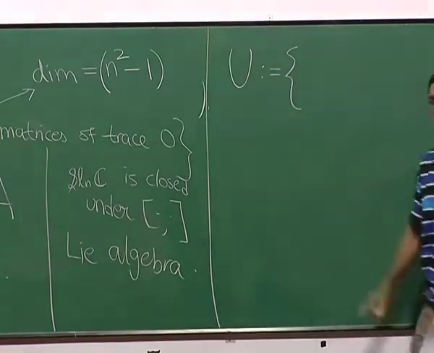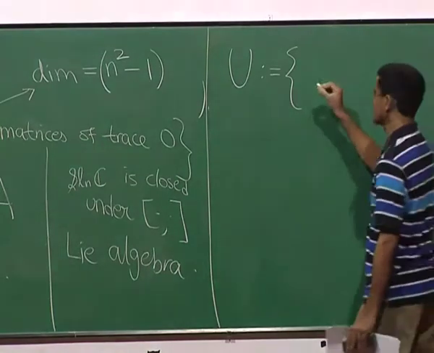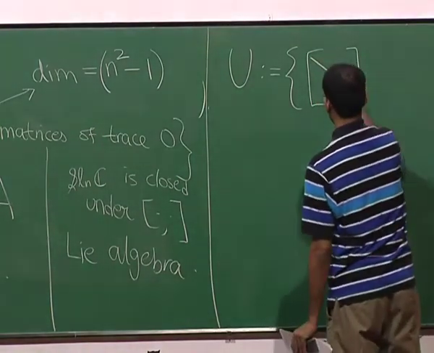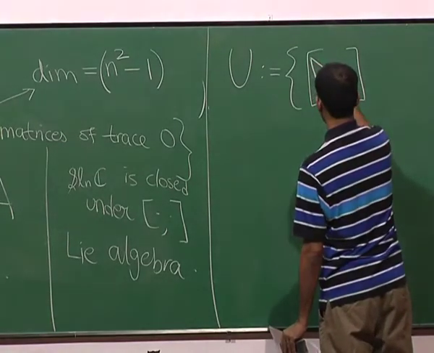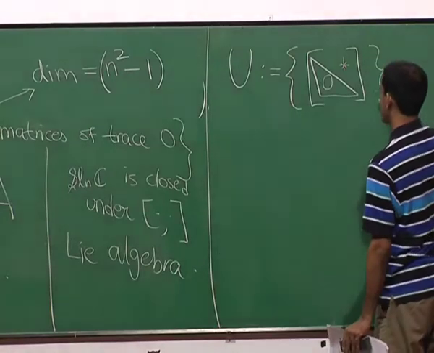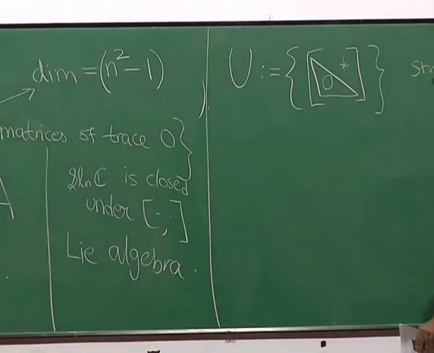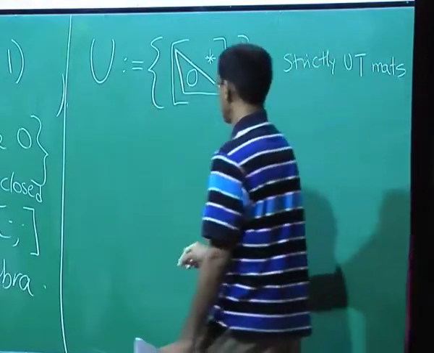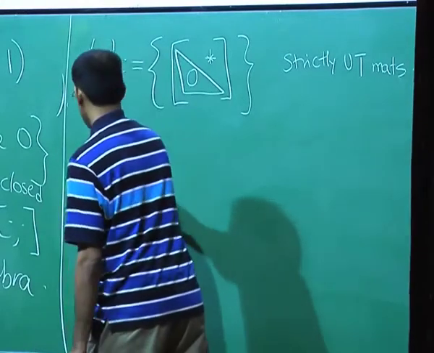So one is U, which is all matrices which are strictly upper triangular, meaning to say on the diagonal and below the diagonal they are zeros, and their only entries can live strictly above the diagonal. So this is strictly upper triangular matrices. Surely they have trace 0, because you are demanding that they are 0 on the diagonal, so the trace is definitely 0. Okay, that's one space.